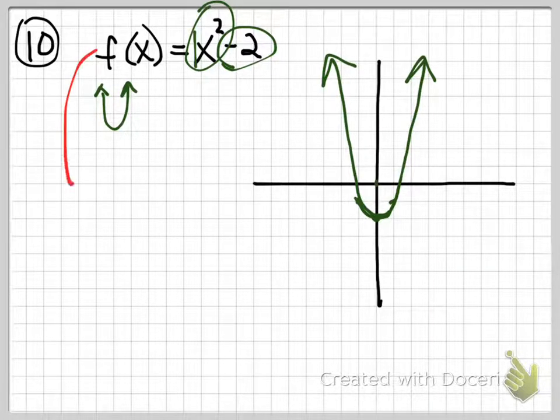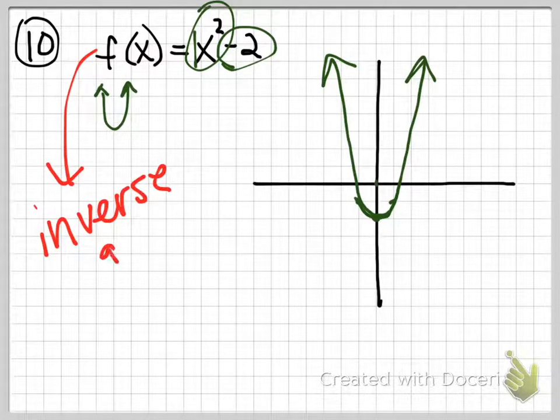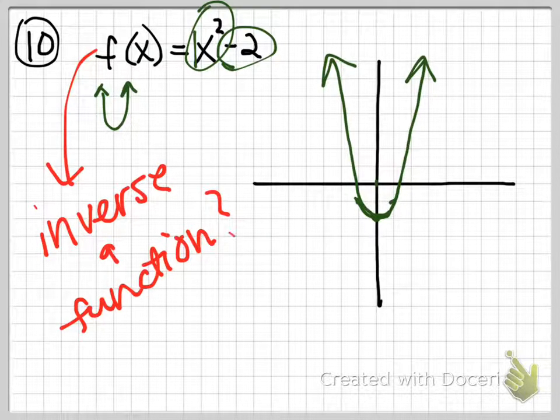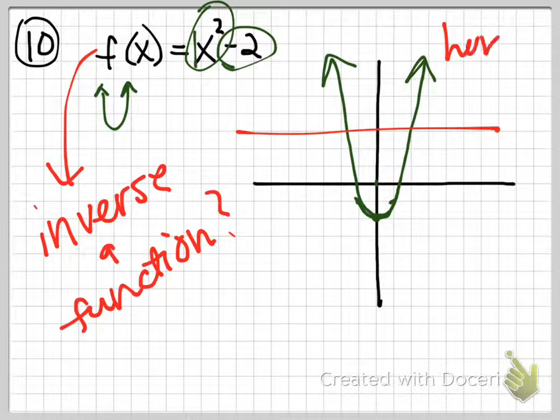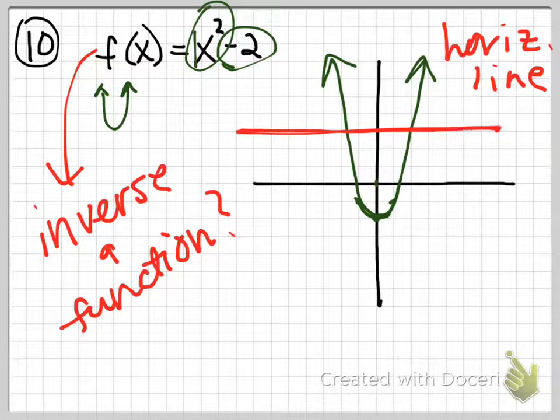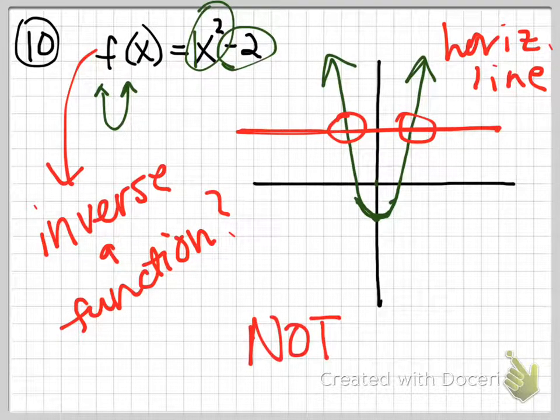Now, what this question is asking is about its inverse. Is the inverse of this a function? Well, how do we know? We're going to do what's called the horizontal line test. With the horizontal line test, if the red line touches my green graph in more than one place, then this is not a function.